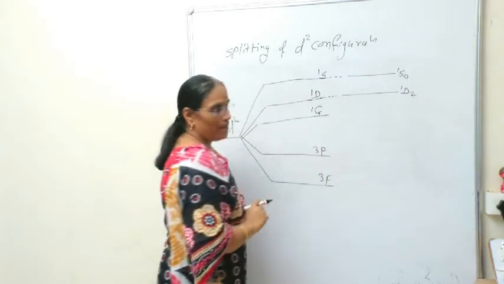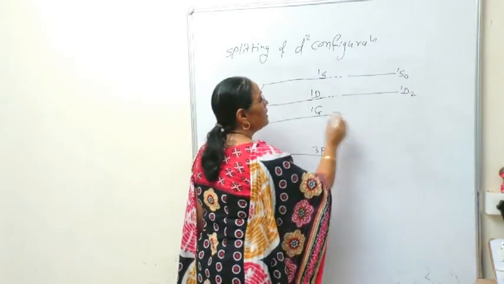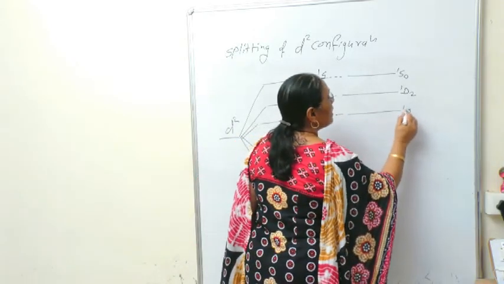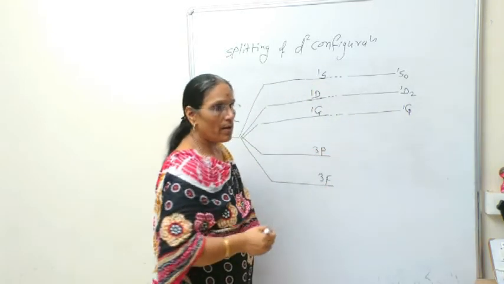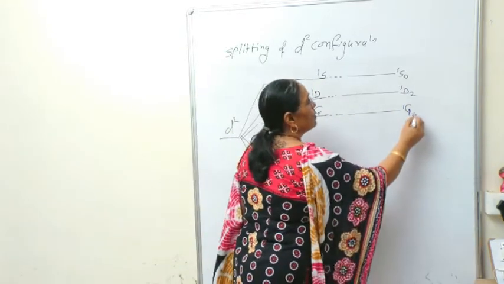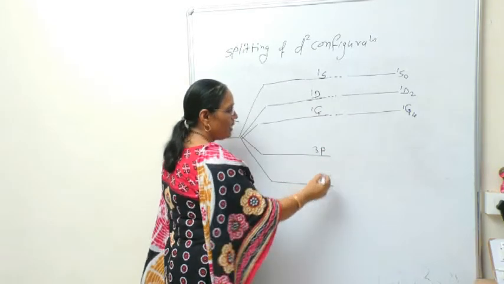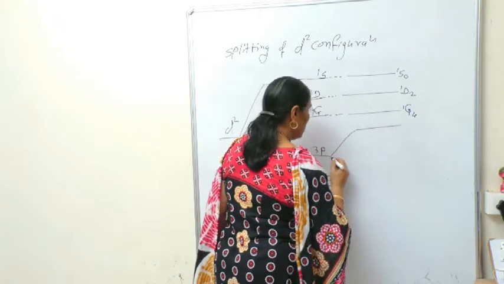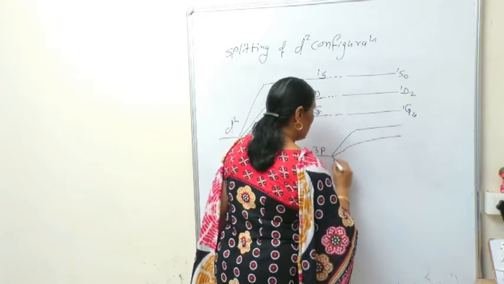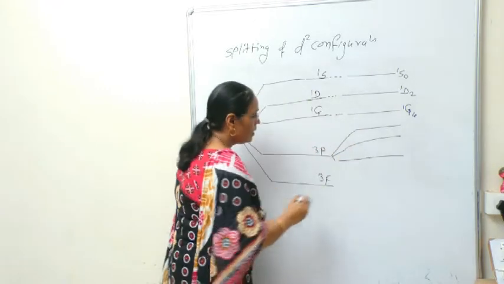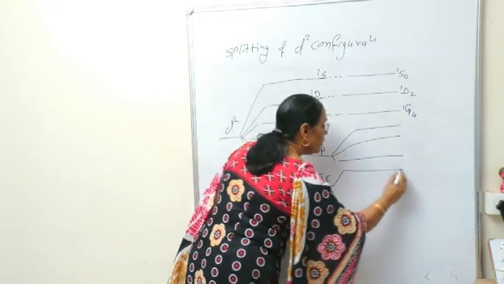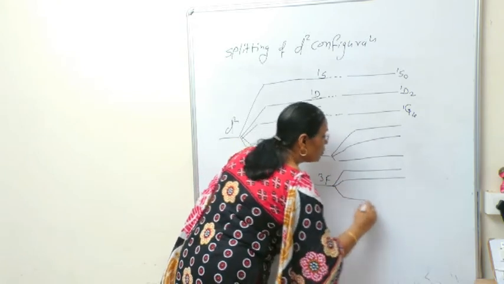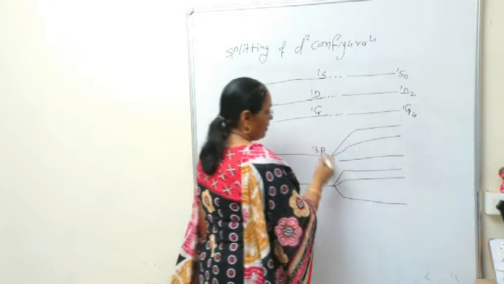The singlet G is also simply transformed into singlet G, and the J value we have obtained was 4. But here the triplet P and triplet F have been split into three J values each, and for the J values we have to determine the energy sequence following the third A and third B rule of Hund's rules.